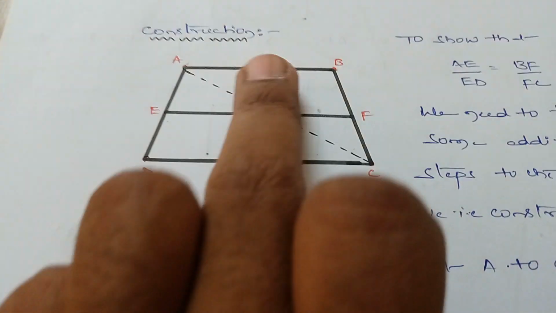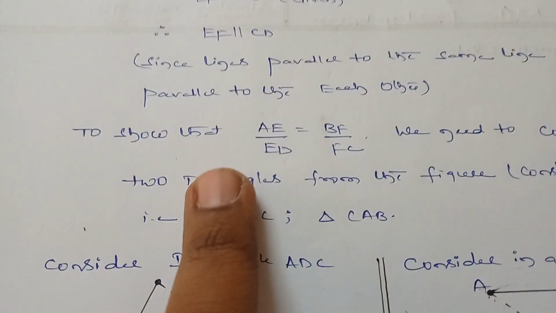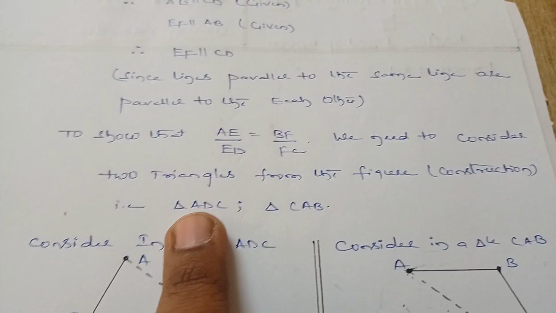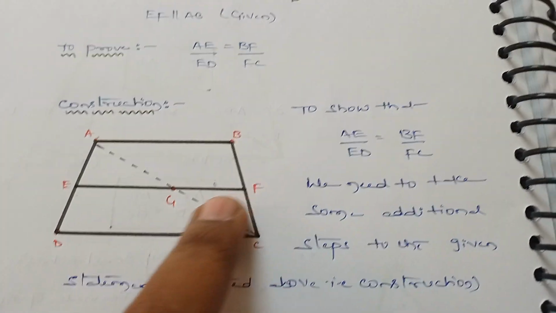We need to take this portion and this portion to solve this theorem. I have taken a part of the figure for your easy understanding, this triangle and this triangle separately, and we will prove accordingly.